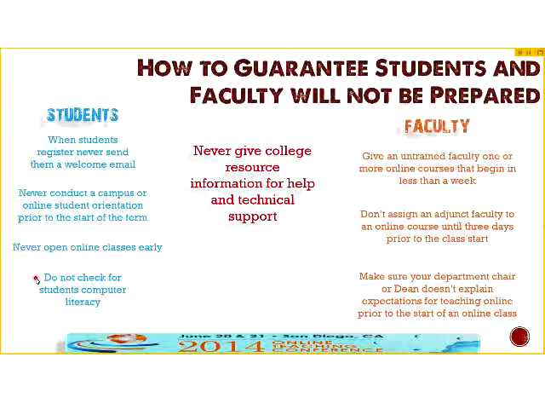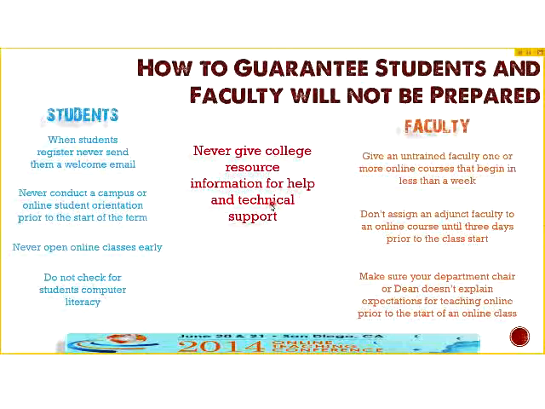Also, here's a big one for students: if you want to guarantee that students are not prepared, then do not check for students' computer literacy. Don't ask, don't even attempt to do it, because this is going to play a big part on whether they're going to succeed in that class or not.